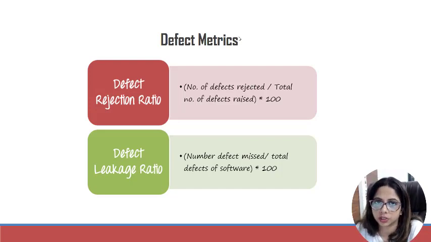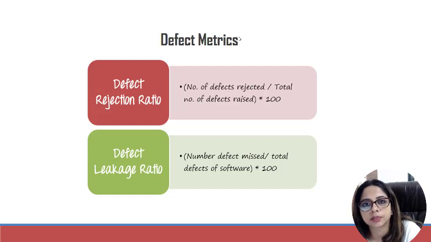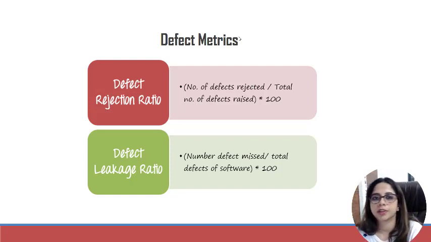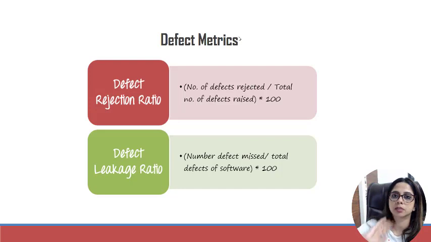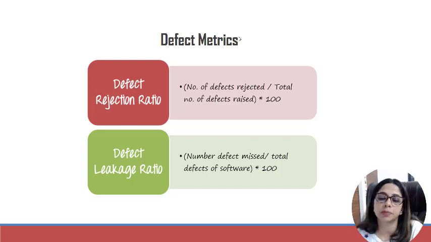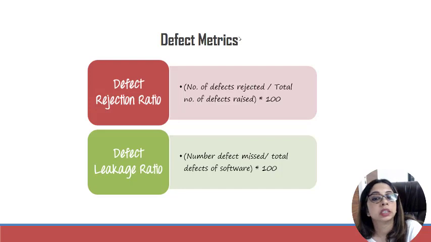Defect rejection ratio. Let's imagine a software which is being tested. There is a QA team, there is a development team, there is an entire setup. Now the QA team is trying to find issues in a build, and in that particular build the QA team raised around 100 issues, and out of those issues 30 were rejected by the developers.